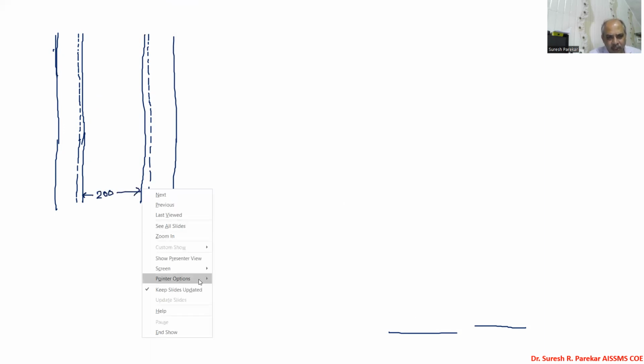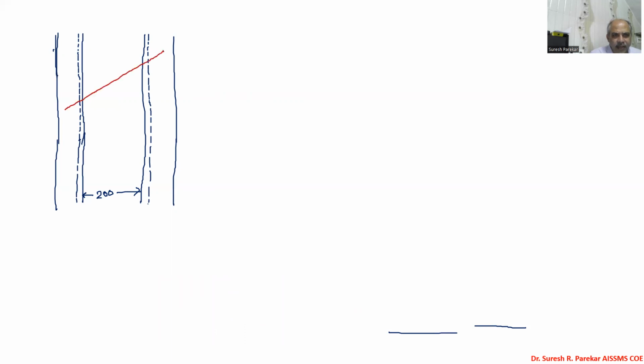Now we will show the lacing. So I will just change the color so you will understand it better. So now we have single lacing system in this way. So we have, this will be a flat. Then we have on this side another flat.